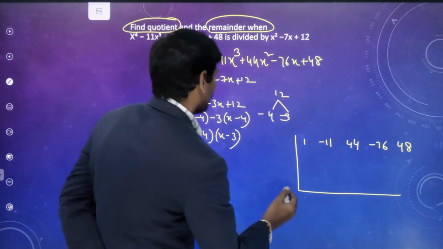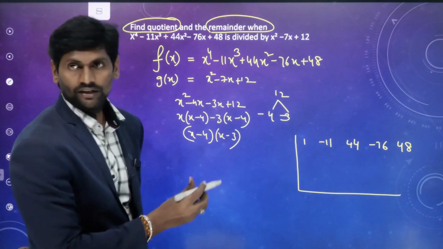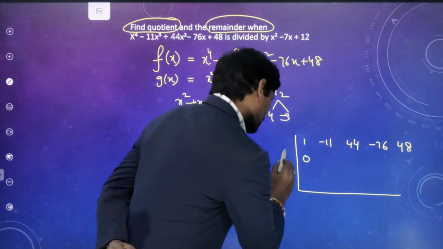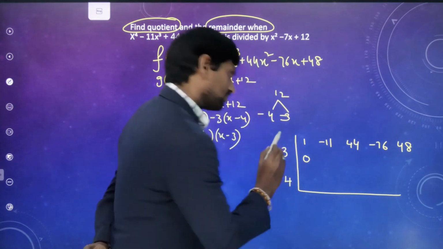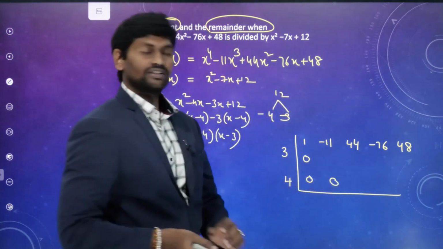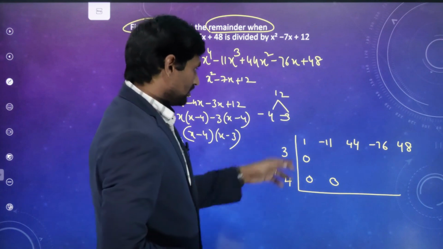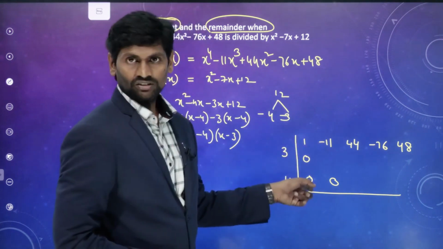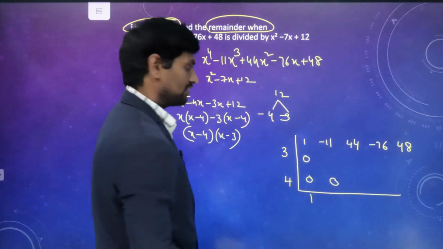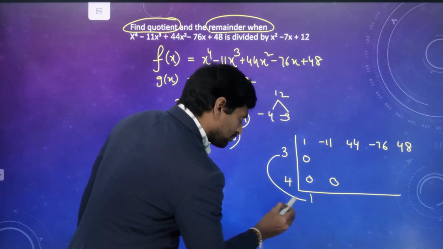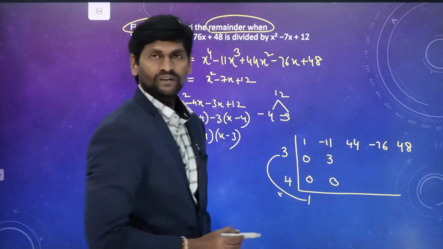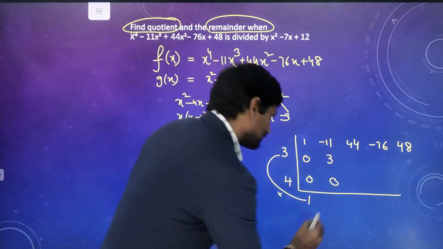So I am applying the two roots here, one is 3 and the second one is 4. Now for 4 we need to leave 2 zeros like this. Got it now? Now 1 plus 0 is 1. Now with the first 0 I am going to multiply. So 3 ones are 3, 3 I have to write here. Minus 11 plus 3 is minus 8.